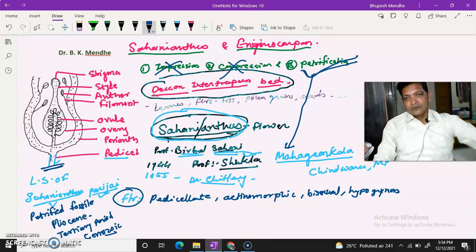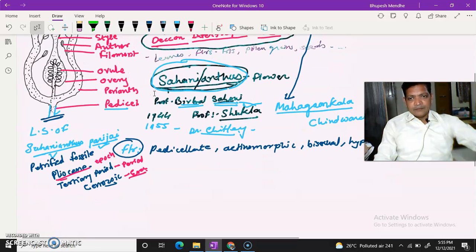So the possible age of this fossil is the Pliocene epoch of the Tertiary period in the Cenozoic era, right?